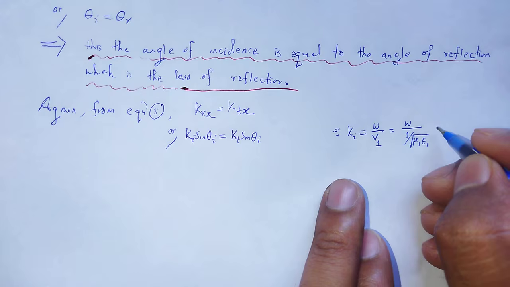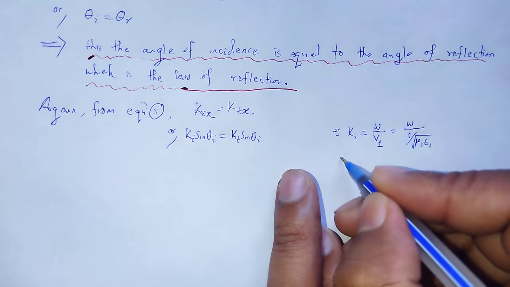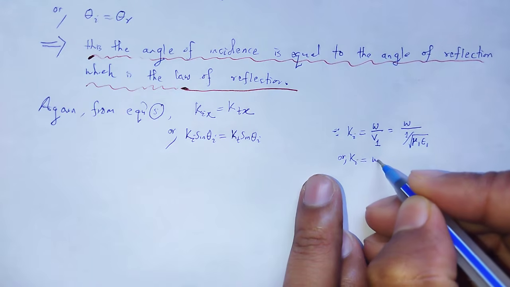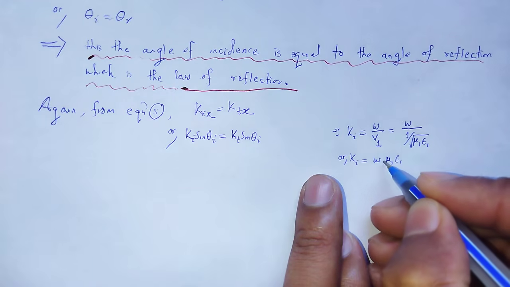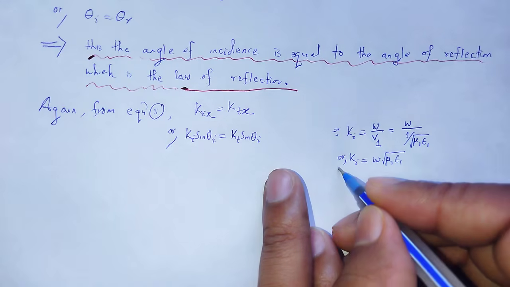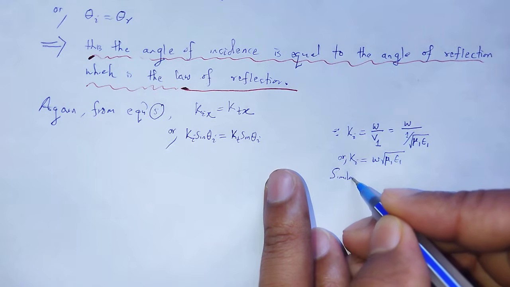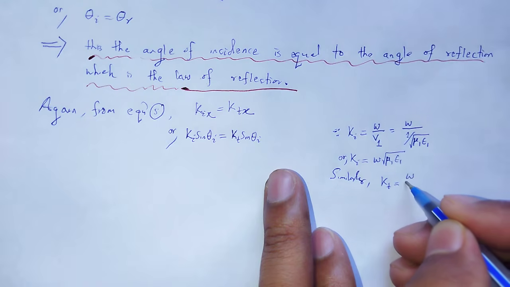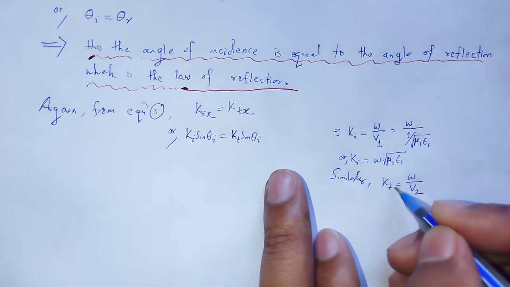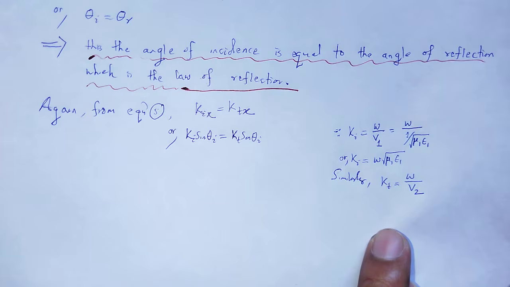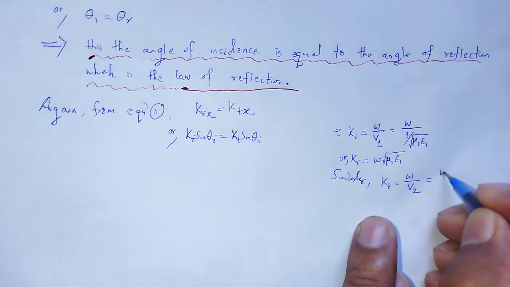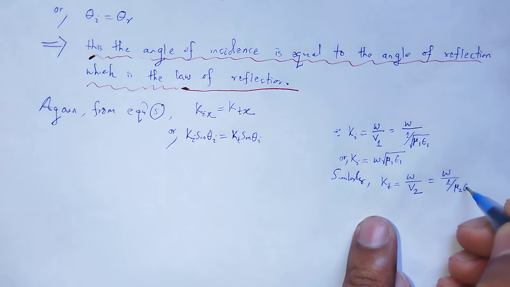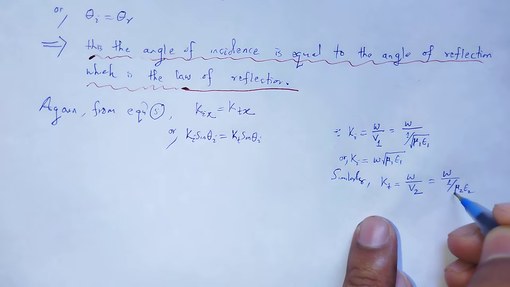So ki is equal to omega into under root of mu 1 epsilon 1. Similarly, for kt, it is omega by v2, the transmitted wave in medium 2. In medium 2, it is omega divided by 1 divided by under root of mu 2 epsilon 2.